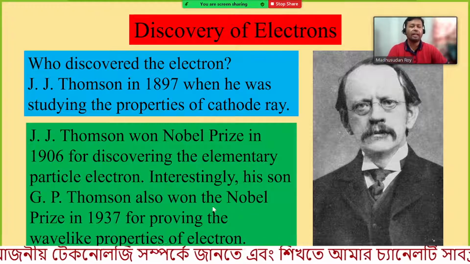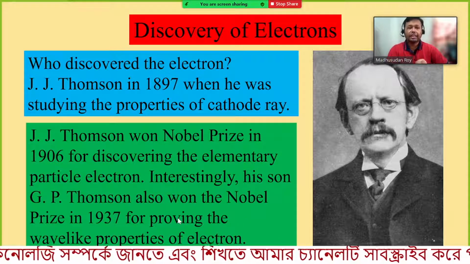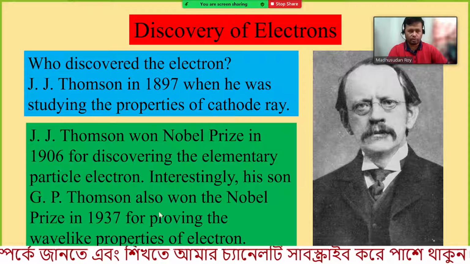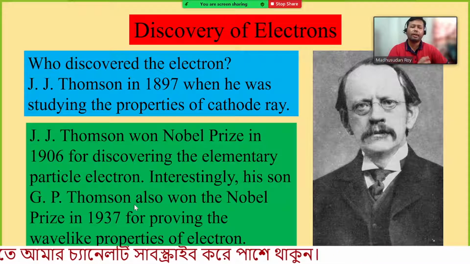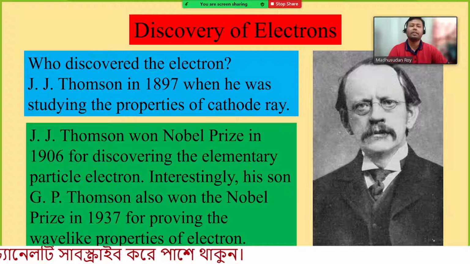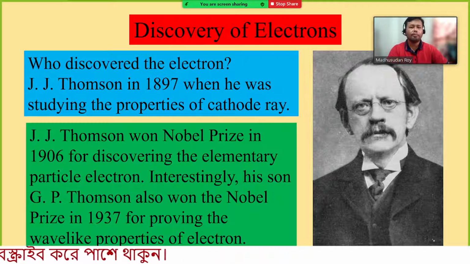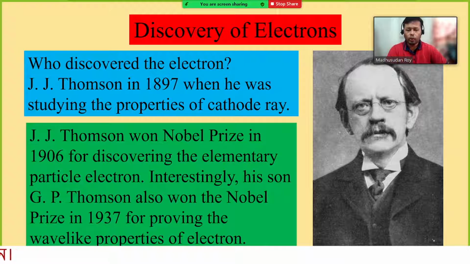And his son characterized the electrons, that means their wave-like properties. We know several other ideas regarding the electron, but most importantly the wave-like properties of the electron are very famous. J.P. Thomson discovered this, and he won the Nobel Prize in 1937.